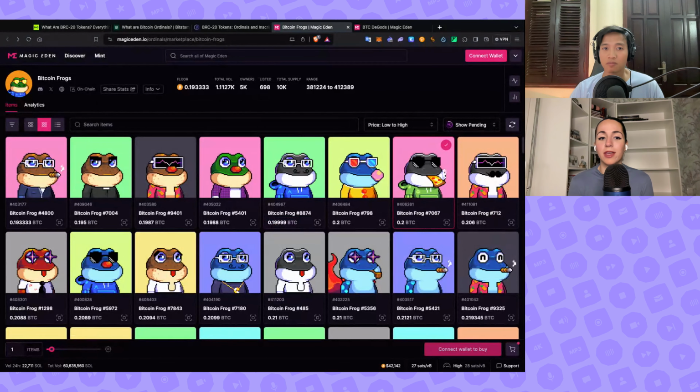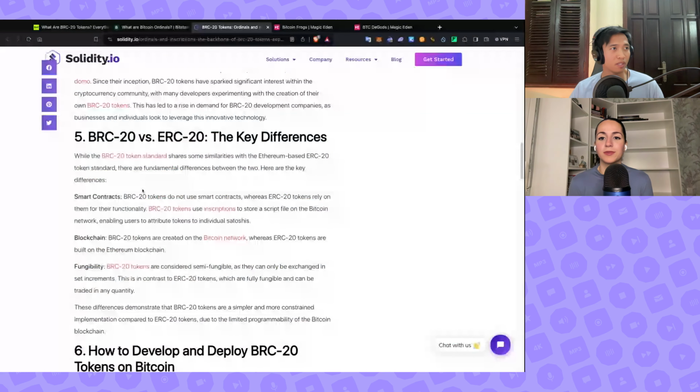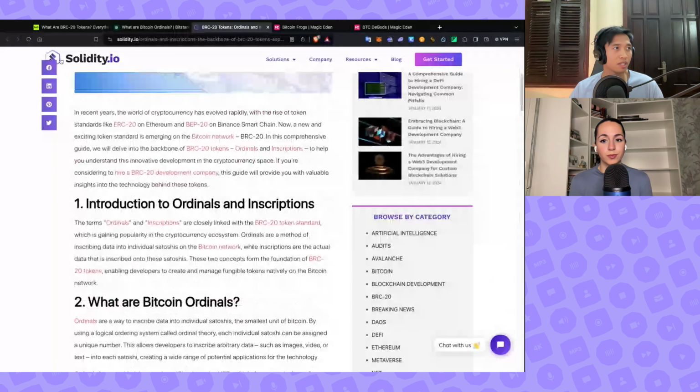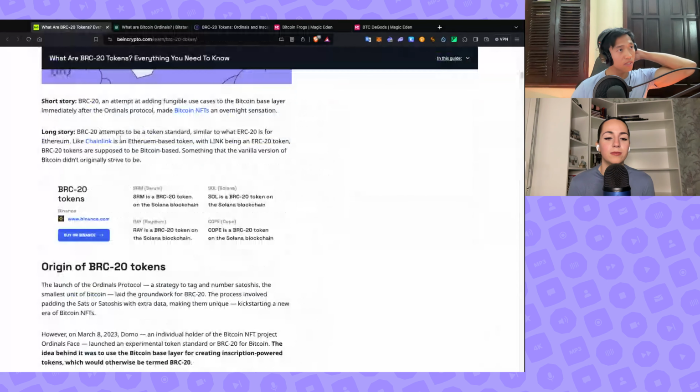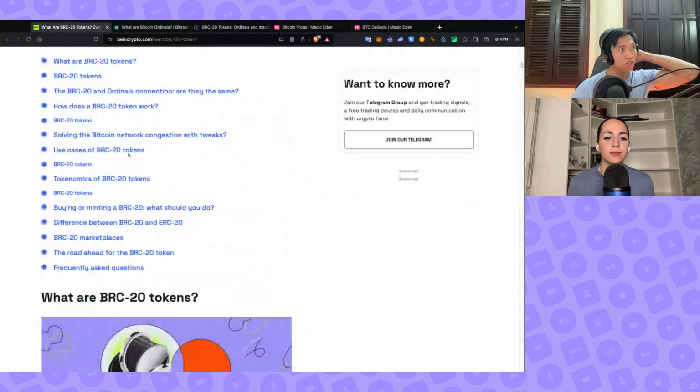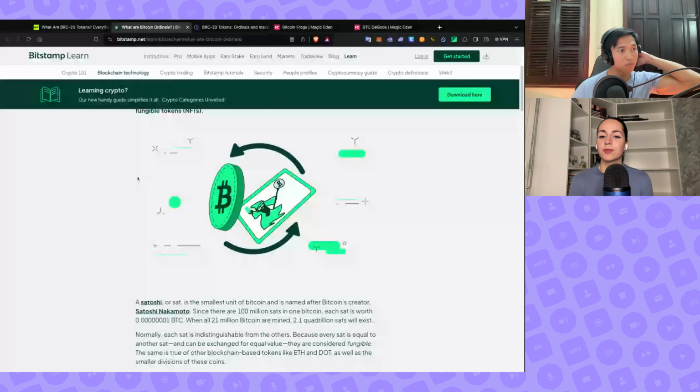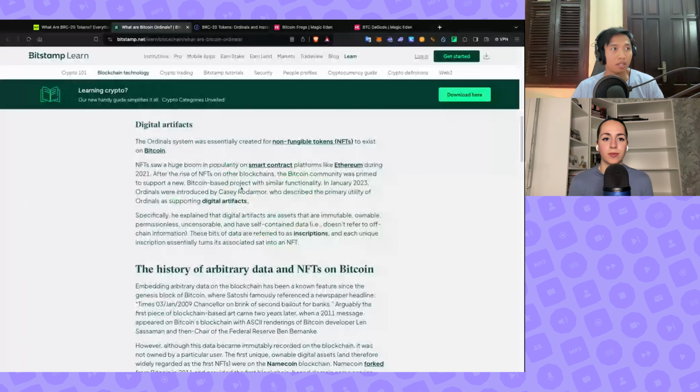I find it very curious. I was not expecting NFTs on Bitcoin, and it looks like the Ethereum ones. So I think this was created last year, right? From what I was reading here, it was created in March of 2023. So they actually came about quite recently, and the official standard here, you can see, right?